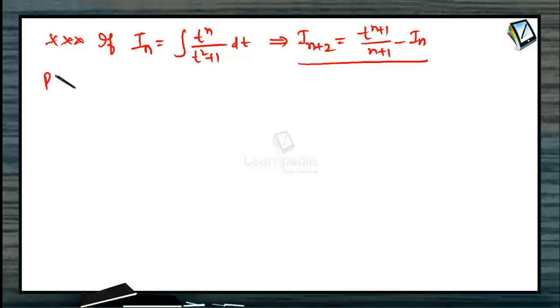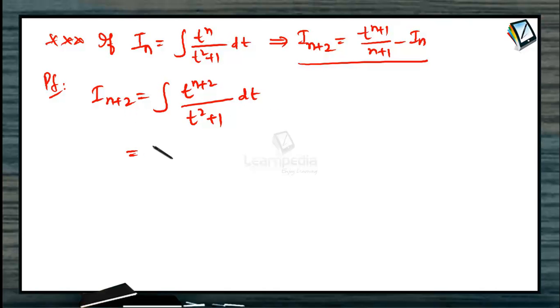Look at the proof of this. I(n+2) is the integral of t^(n+2) by (t^2 + 1), because if In is this, I(n+2) must be this one. So you can write it as the integral of t^n by (t^2 + 1) into t^2.